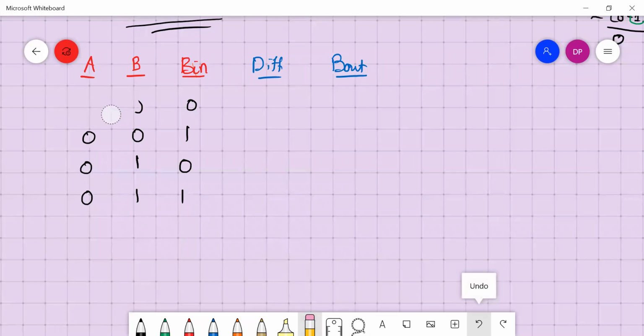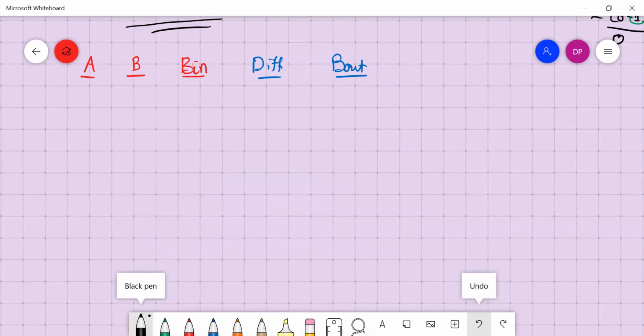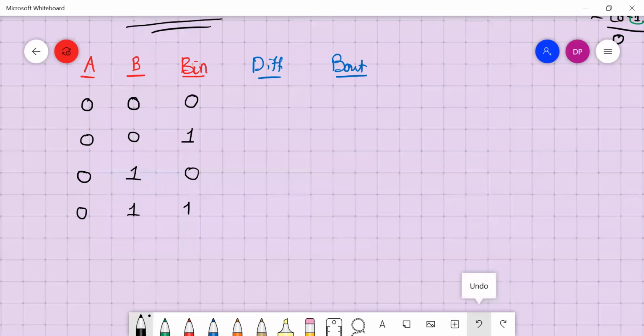What I will do is, I will take 0 minus 0 with previous borrow 0, 0 minus 0 with previous borrow 1, then 0 minus 1 with previous borrow 0, and 0 minus 1 with previous borrow 1.